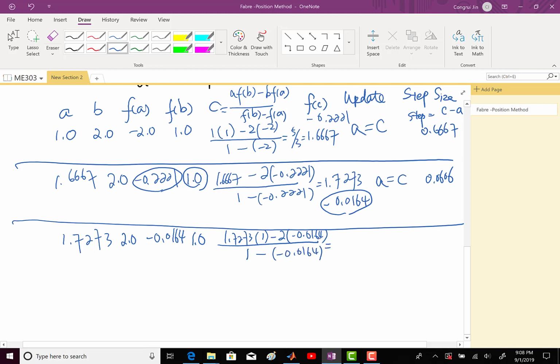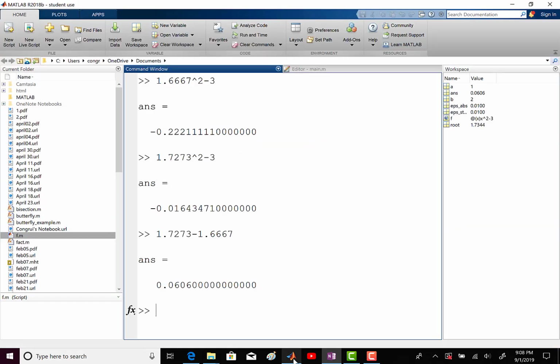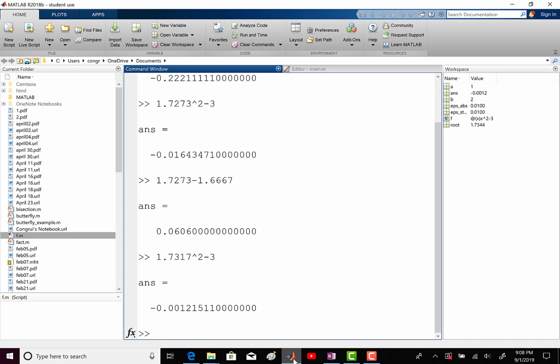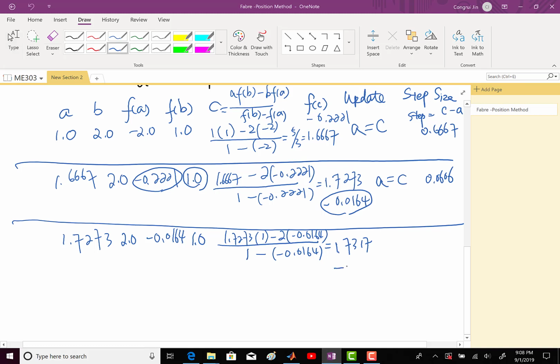Okay, so this should be 1.7317. Okay, 1.7317 squared minus 3. So this should be negative 0.0012. Okay, so you can see FC is again negative, FB is again positive, FA is again negative.